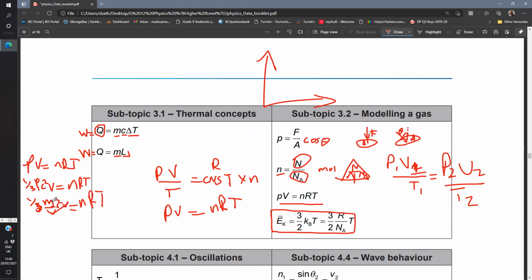And also here, m is equal to n times M. The mass is equal to moles times molar mass.